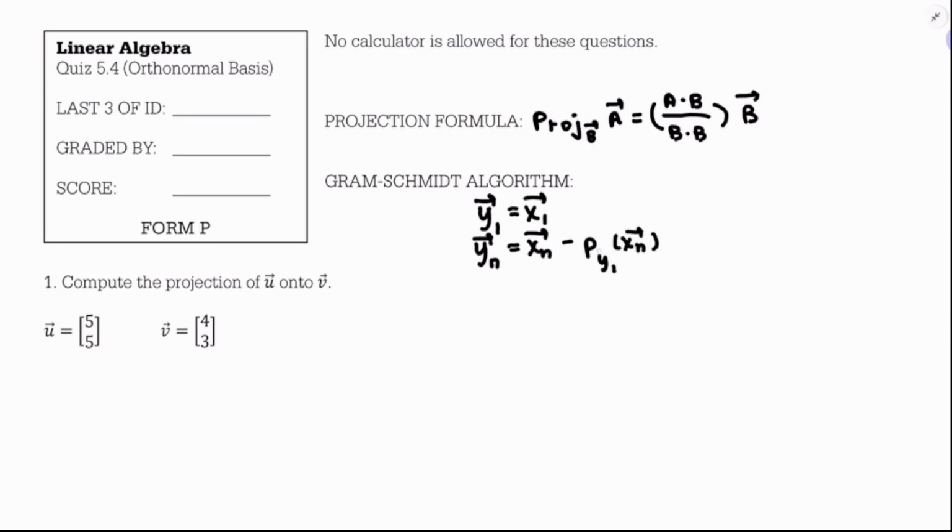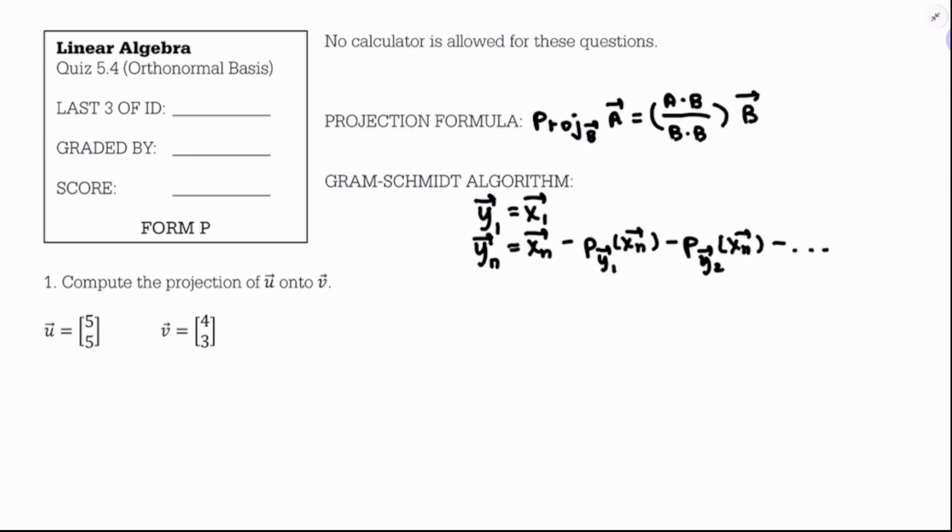So that would be the projection of xn onto y1 minus the projection of xn onto y2. It's harder to write than to do, in my opinion. Minus so on until you're out of previous vectors to project onto.